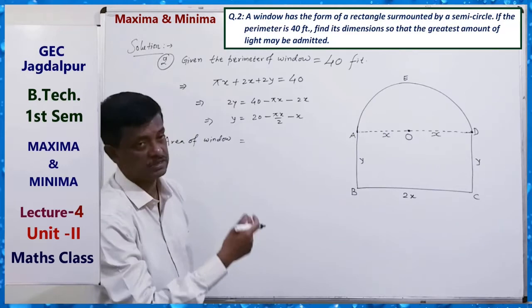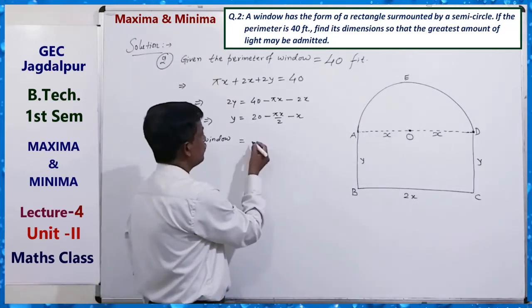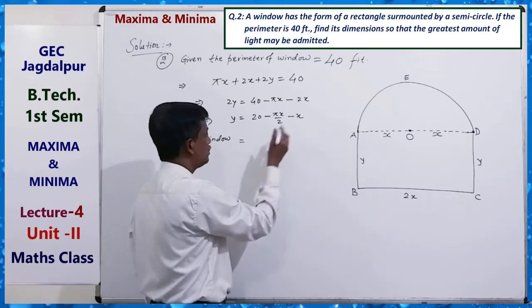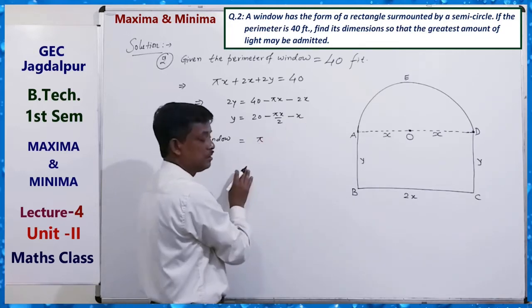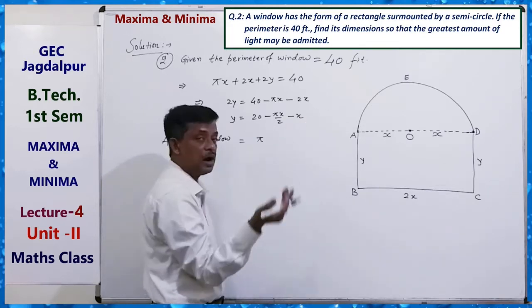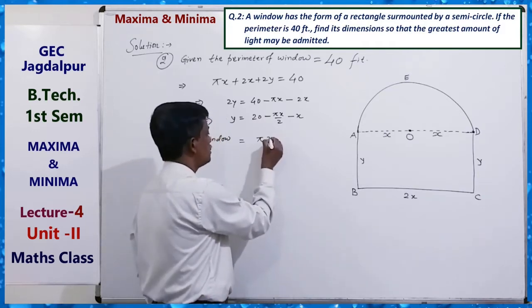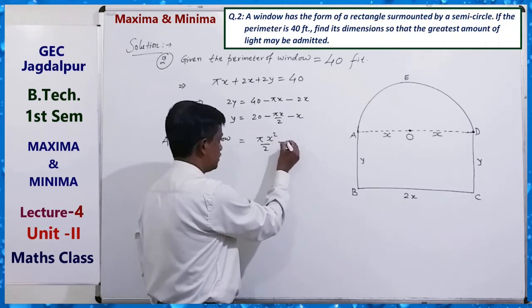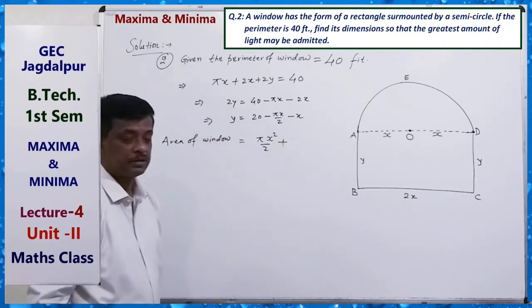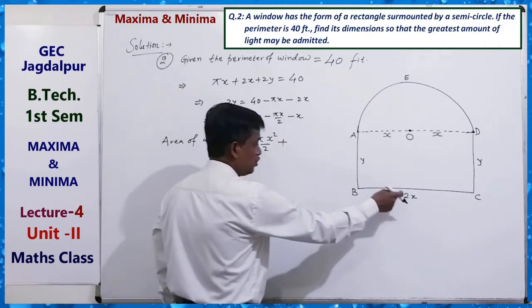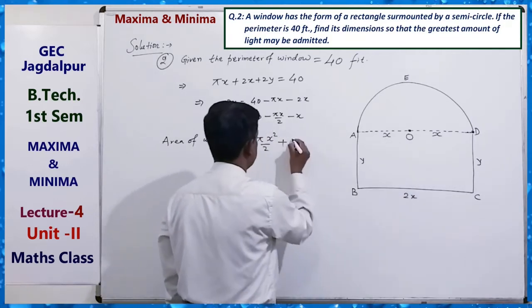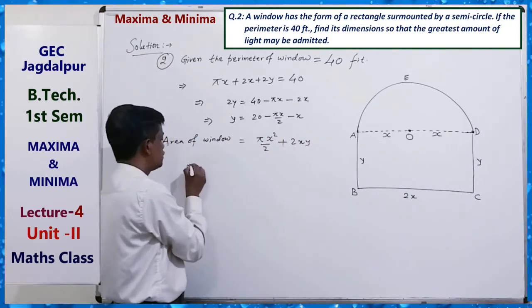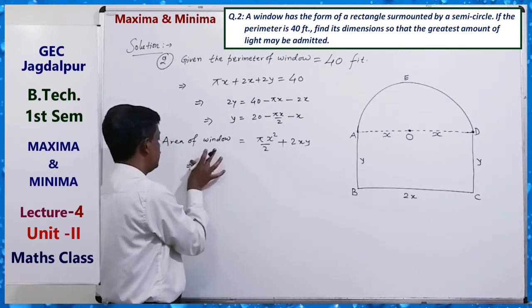R means x. So the semicircular area is pi x square by 2, plus 2x into y. Clear?